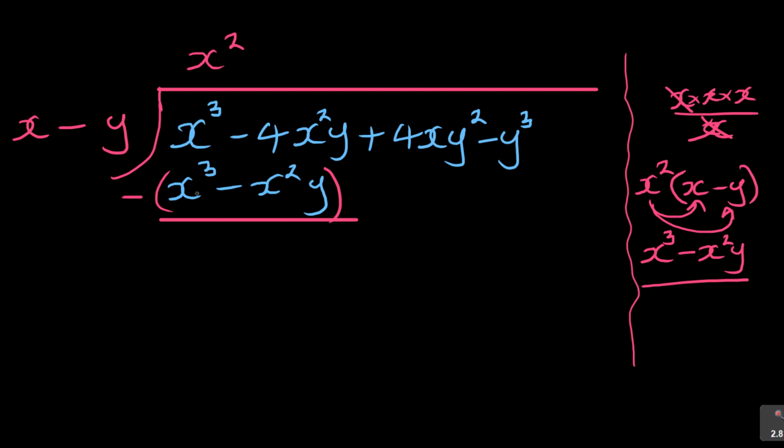Minus 4x squared y minus x squared y. It looks complicated, right? Say, what am I doing here? First of all, look at the variables. X squared y, x squared y. They are similar terms. But guess what? It's better to put a 1 here, because if there is no number, it means there is a 1. So you are simply saying minus 4 minus 1.